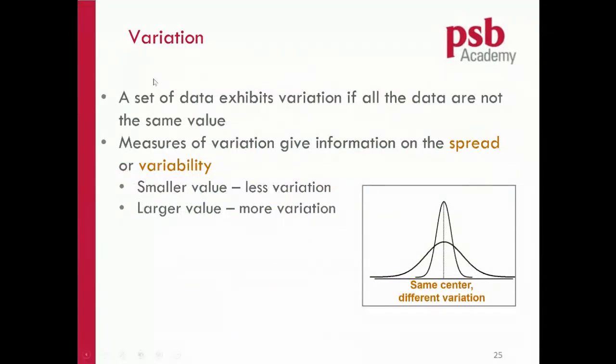So what is actually variation? You have variation if all the data are not the same value. Some are bigger, some are smaller. If the measure of variation is a small number, that means you have less variation.